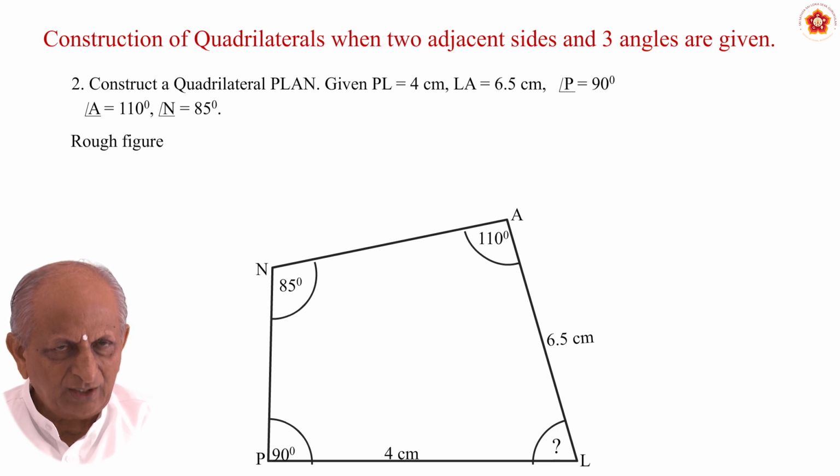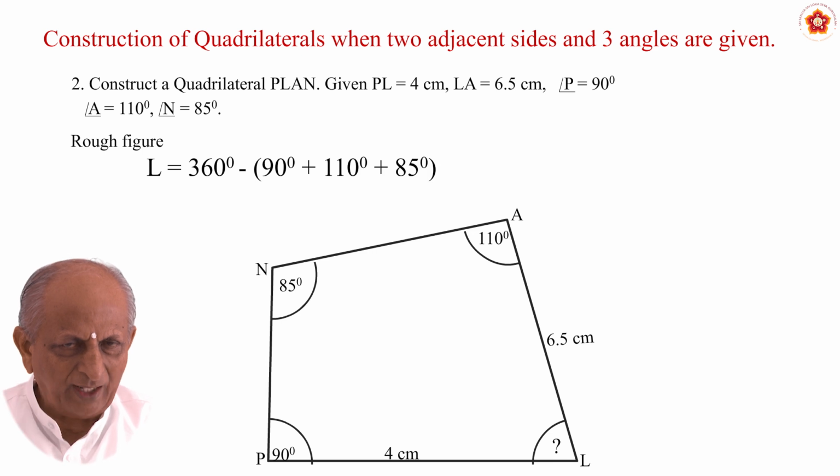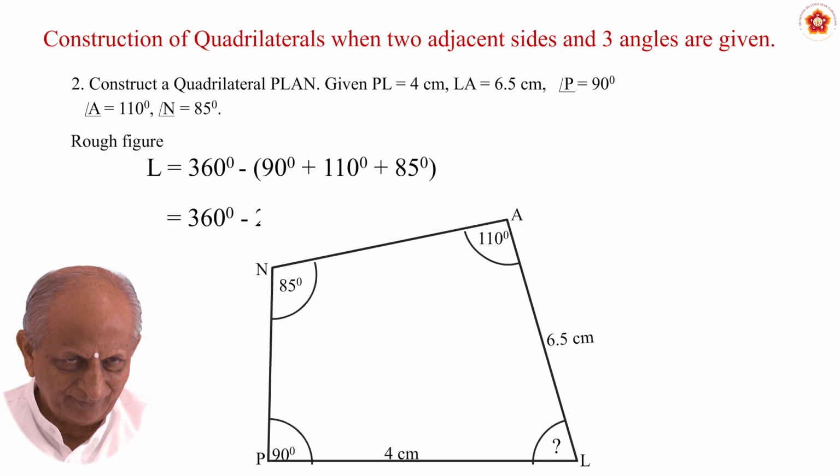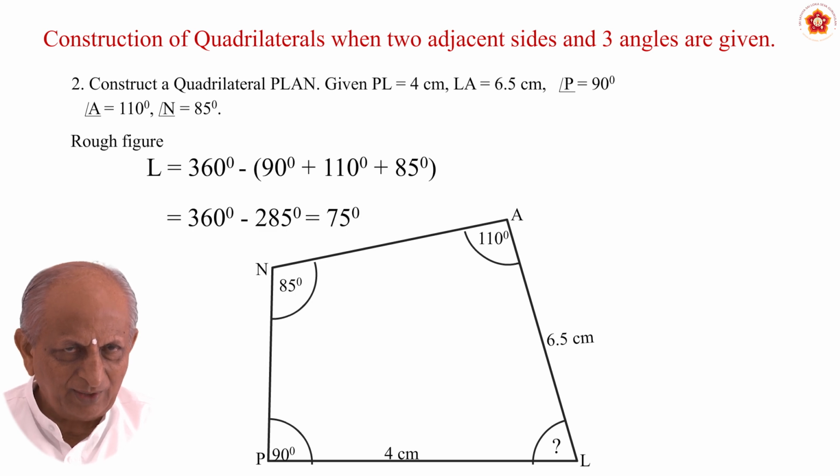Now, we have to get one more angle called L. How to get angle L? As you know, in a quadrilateral, there will be 4 angles. The sum of the 4 angles is 360 degrees. In this, you are given 3 angles. One is P, 90 degrees, A, 110, N, 85.